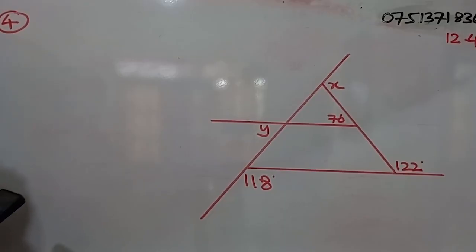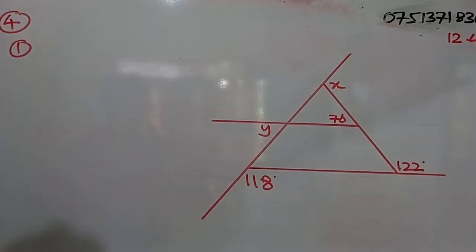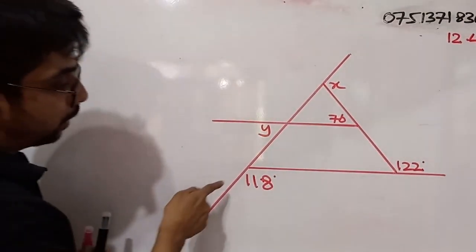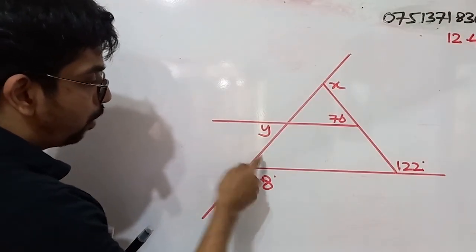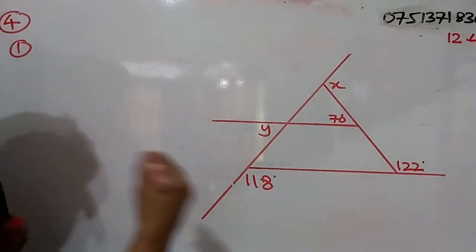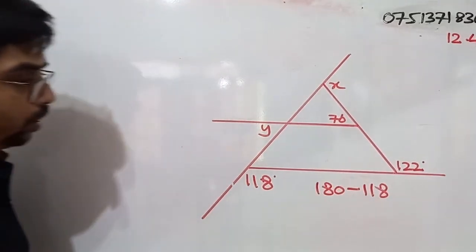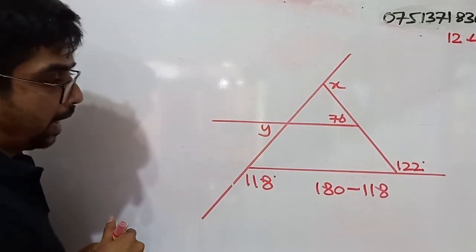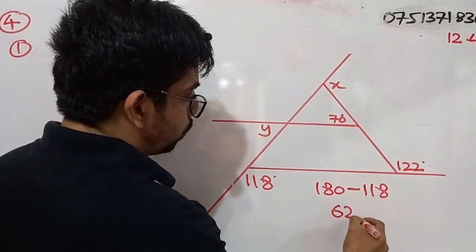Right. Question number 4. Find the values of X and Y in each figure. This is part 1. So we know that if this angle is 118, we can find the value of this angle. That is 180 minus 118. 180 minus 100, we get 80. 80 minus 18, we get 62 degrees.